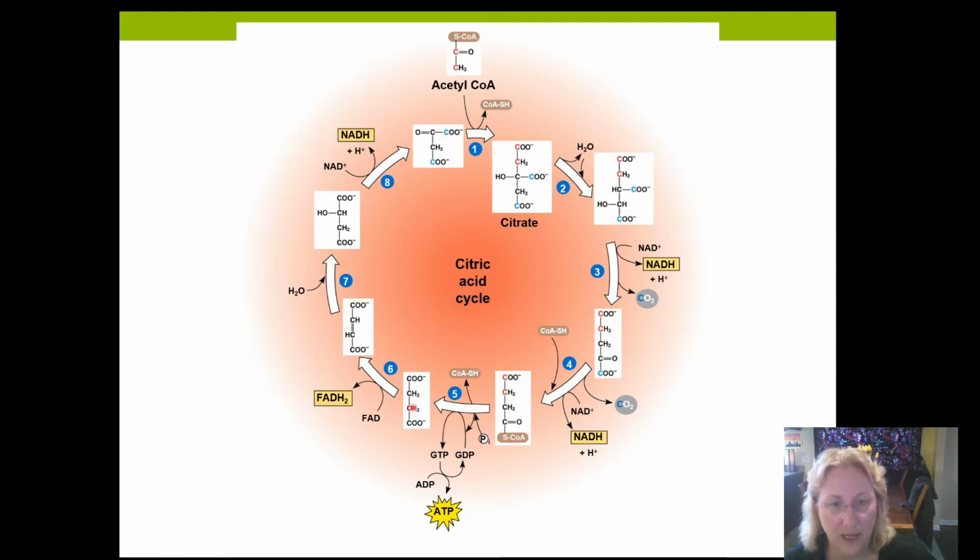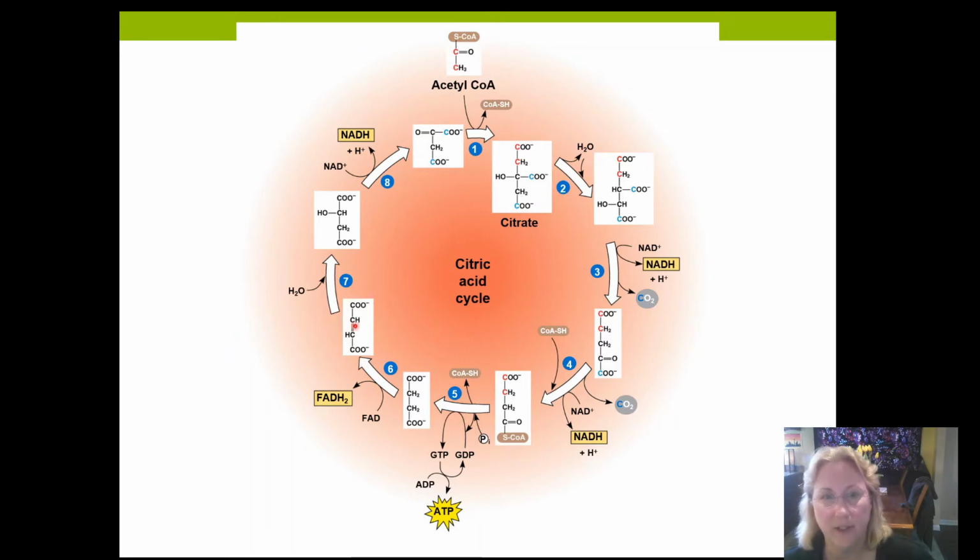So here's another oxidation reduction reaction, and I know that because FAD is being reduced to FADH2. So if we look carefully, we can figure out which carbon is becoming oxidized here. So we have another oxidation reduction reaction here, and then we are ready to regenerate our starting molecule, citrate.